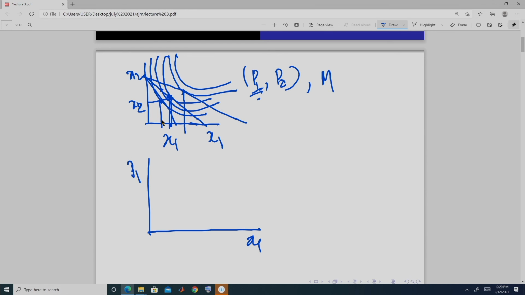This is the demand for good 1 at this price, at this price, and at this price. Like this we get a demand curve, and today we will derive this algebraically.